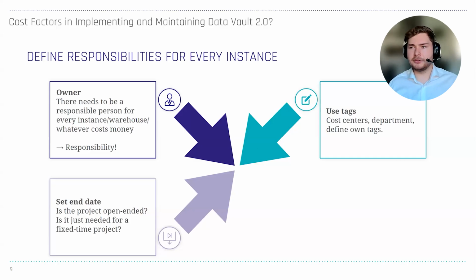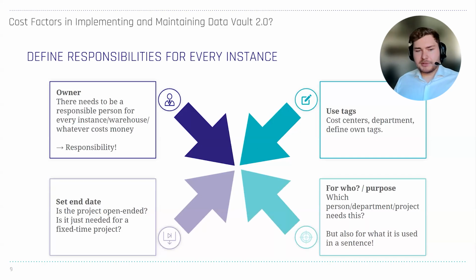For example, you could have a tag sales if it's the department, and then tag every sales report, every sales warehouse that is used, sales tables even to this tag, and then analyze the cost per department, and all this stuff, right? You could even work with development tags, kind of, to get some responsibility there as well. So there are so many different options you have with tags, but you should use them.